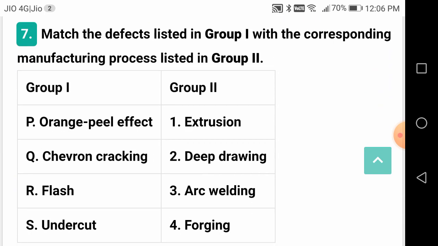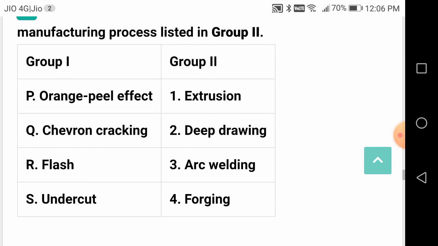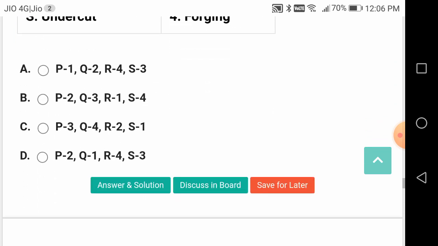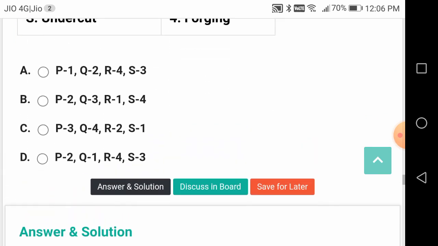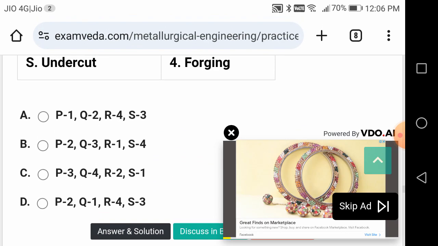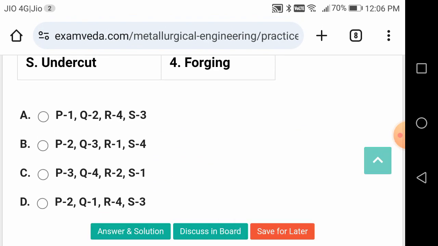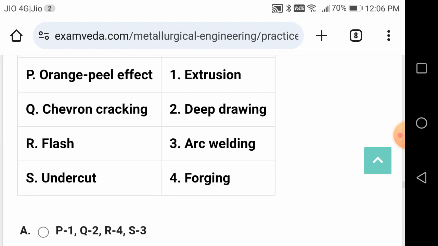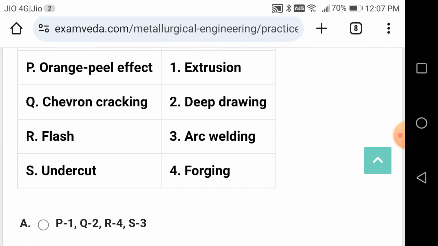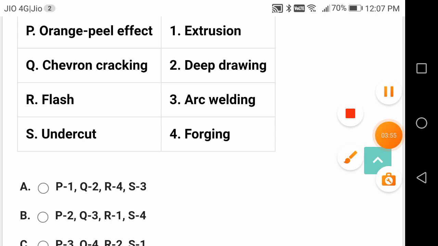Match the defects listed in group 1 with the corresponding manufacturing process listed in group 2. Let us see the answer. D. P2 Q1 R4 S3. That's the correct answer.